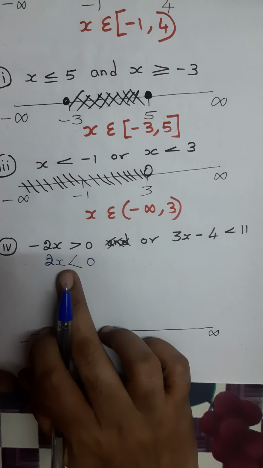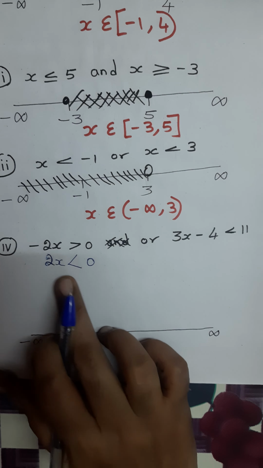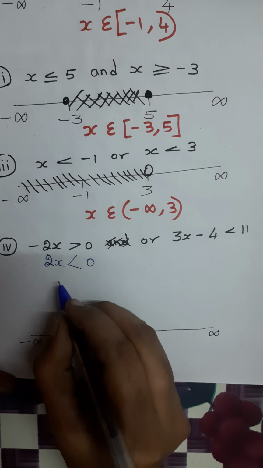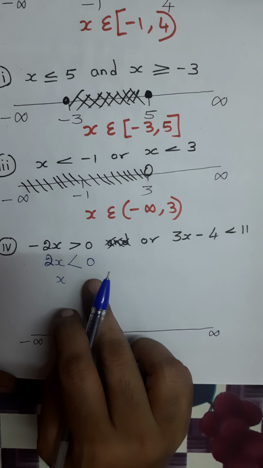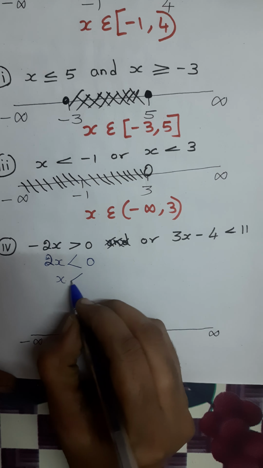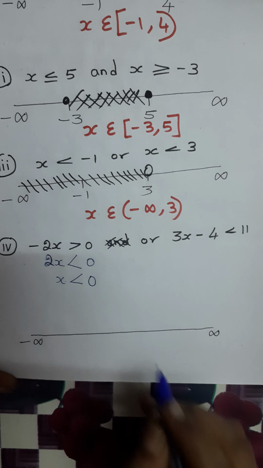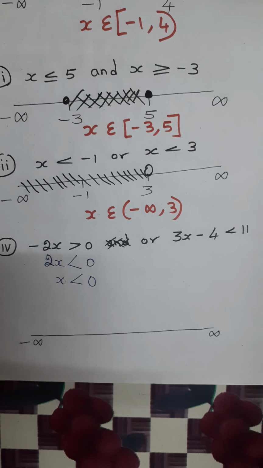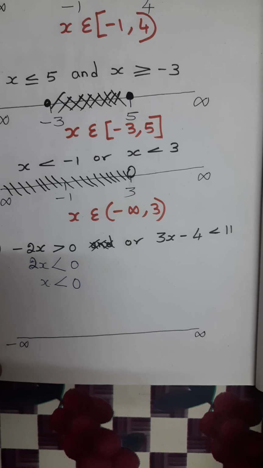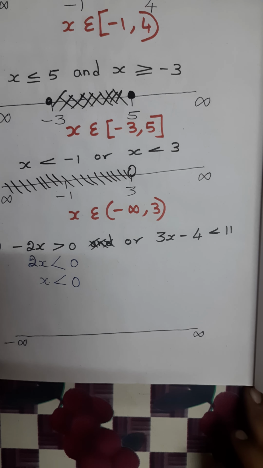I need only the answer for x, so let me bring this 2 to the right hand side. When the 2 goes to the right hand side, 0 divided by 2 is nothing but 0. So x is less than 0. This is one answer. They have given the other branch also: 3x minus 4 is less than 11.